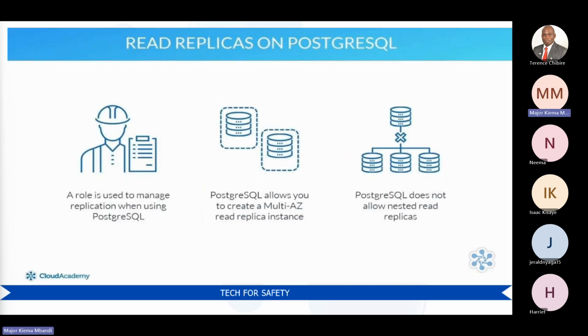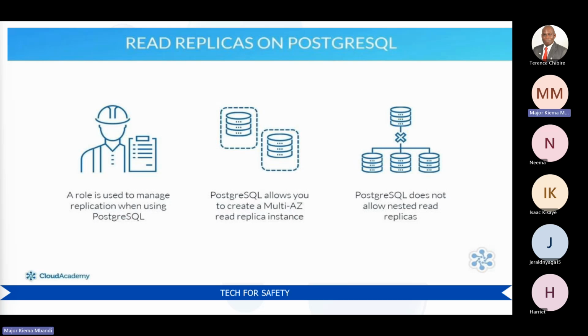A role is used to manage replication when using Postgres, and Postgres allows you to create multi-AZ read replica instances and does not allow nested read replicas. Remember the other database engines allowed nesting up to 4 levels, but this does not allow nesting. It allows 5 read replicas per source, but no nesting for PostgreSQL.